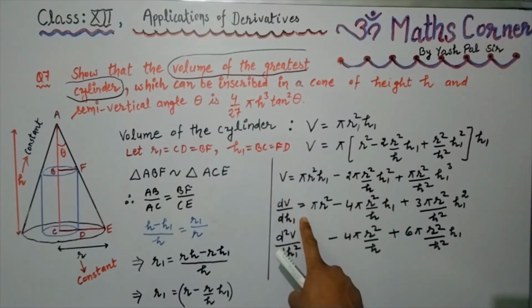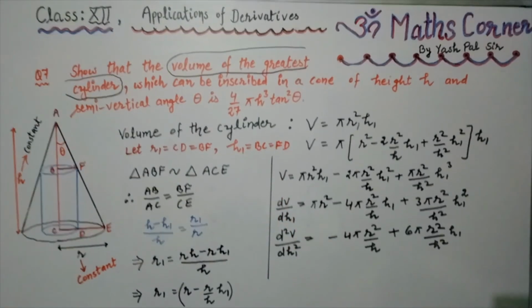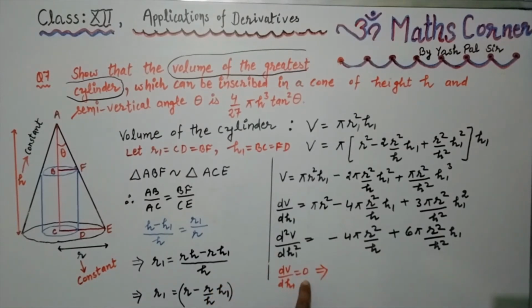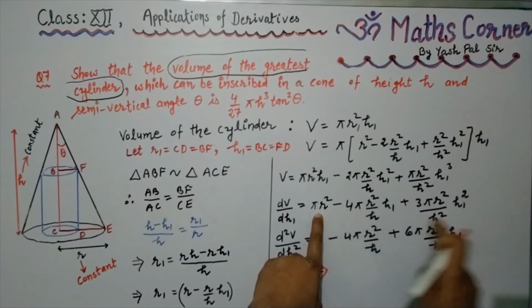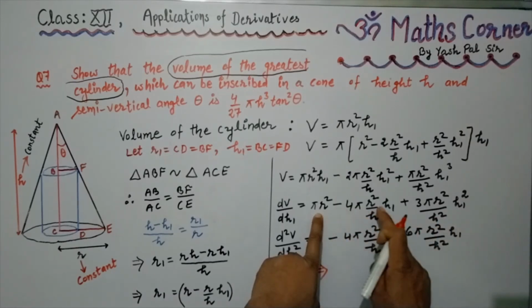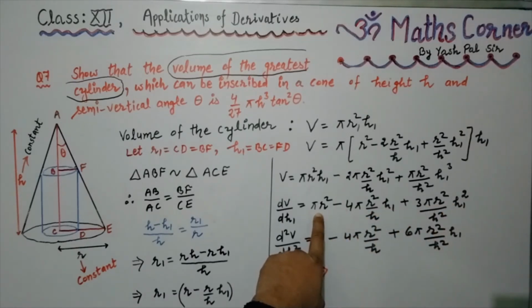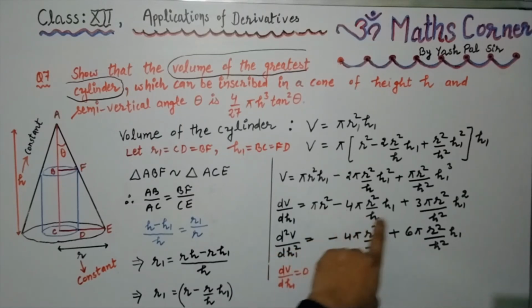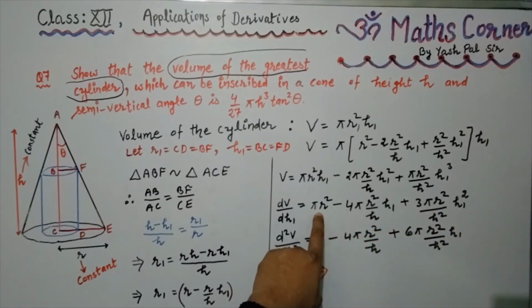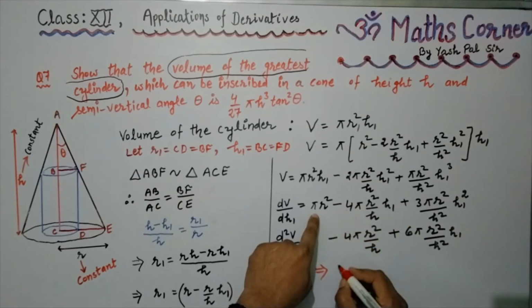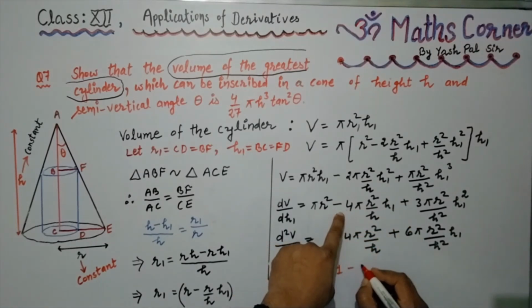Now for the maximum or minimum value of volume, we put the first order derivative of volume equal to 0. dV upon dH1 equal to 0, which gives, if we put the right hand side equal to 0, R square cannot be equal to 0. So pi R square we can eliminate, it is divided.